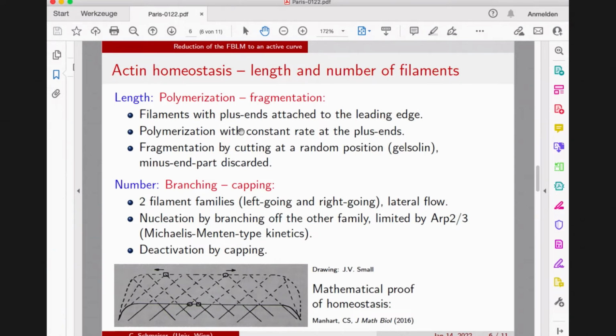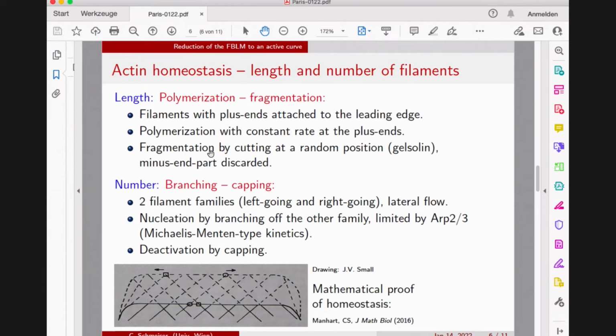Polymerization is assumed just as a growth process with a certain given rate at these ends, and the fragmentation is modeled as a process of random cutting of the filaments, at random times and random positions. And whenever you cut off a piece, then the end which is inside is basically thrown away. It's not part of the game anymore.